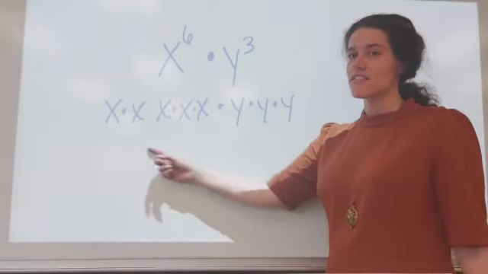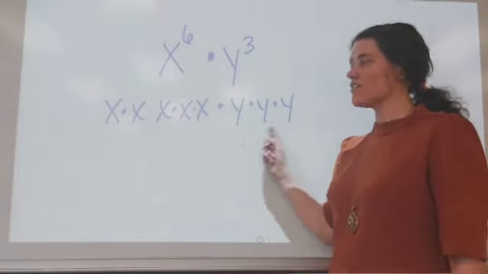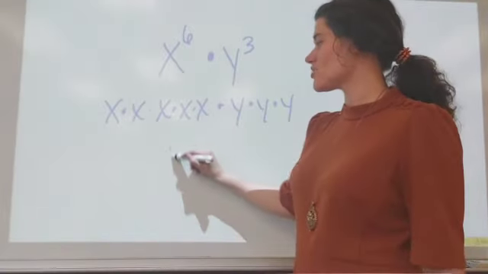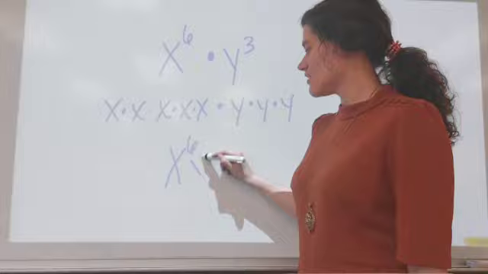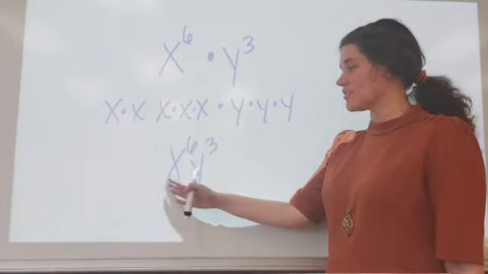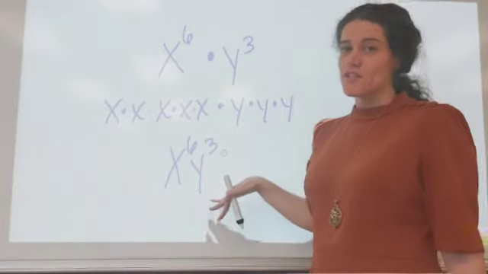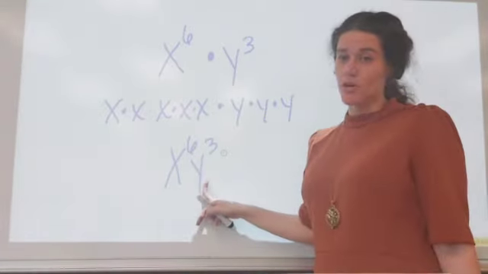But still, I only have 6 x's and 3 y's. So it's still just x to the 6th, y cubed. And we can write them next to each other like this to show that they're multiplying. But this is as far as this one can go because the bases don't match.